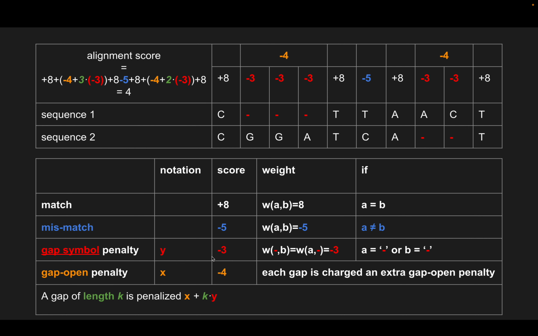And don't forget that for each gap we will have an extra gap open penalty, so the total will be -4 plus k, which is 3, times 4. For each position we will calculate the score character by character and sum them up.